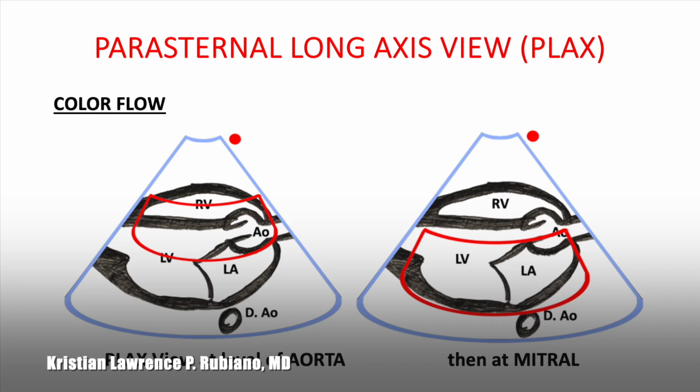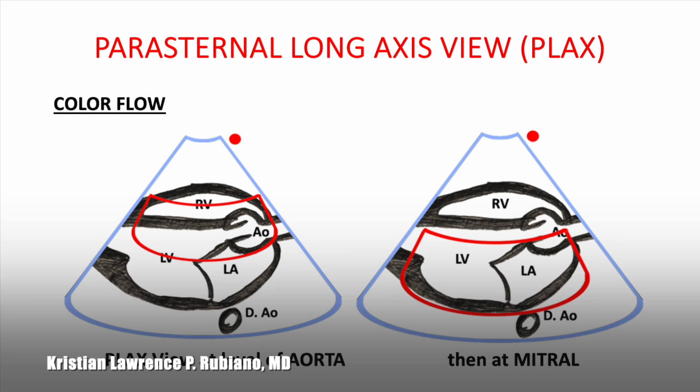Reducing the box size allows for a higher frame rate because the ultrasound machine has to process less data. A higher frame rate ensures that the motion of blood flow can be captured more accurately, which is crucial for assessing rapid changes in flow dynamics.